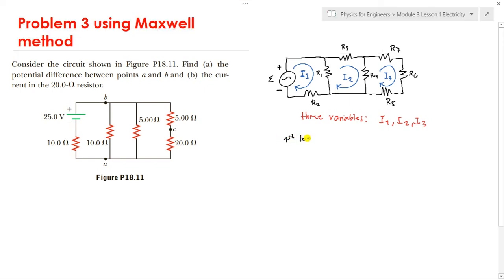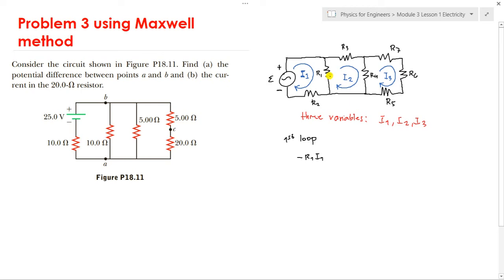Since the current passes through R1, there is a voltage drop, so we're going to label that as negative R1 I1. However, for R1 there's also an opposite current, which is I2.